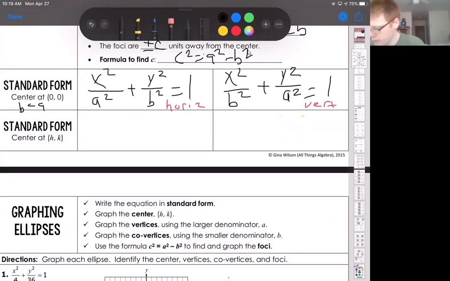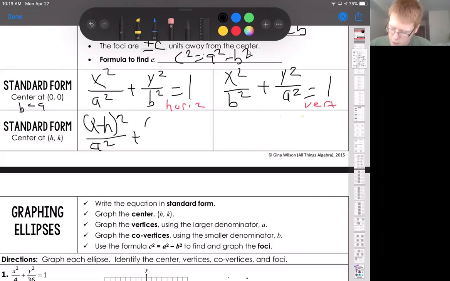you're going to see that your center's not always at 0, 0. It might be off center on your graph. So it's similar to the circle formula, where you pull out your h and k from the top, and that's just going to give you your center.